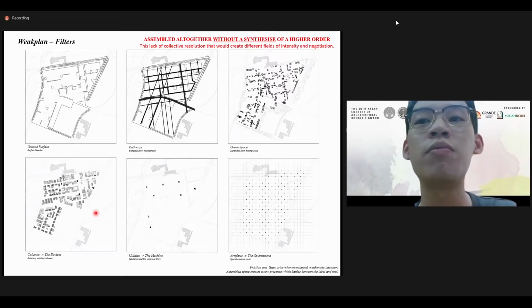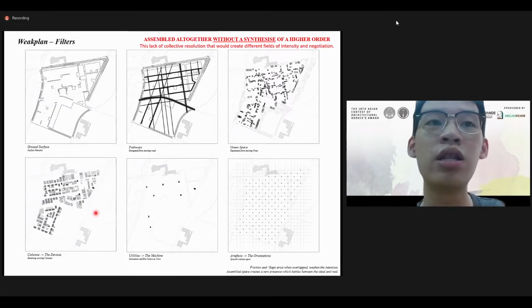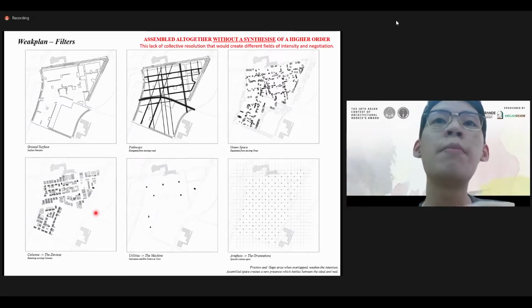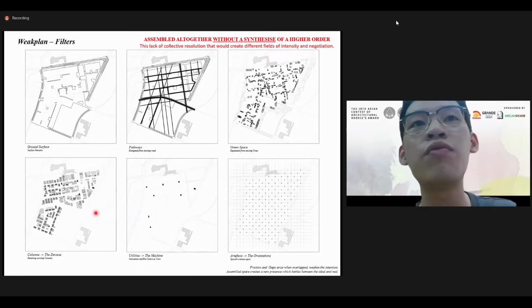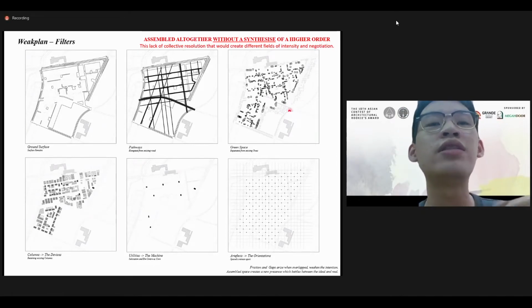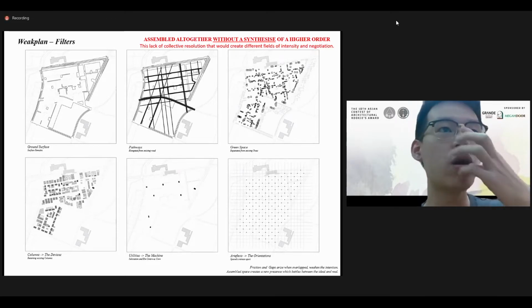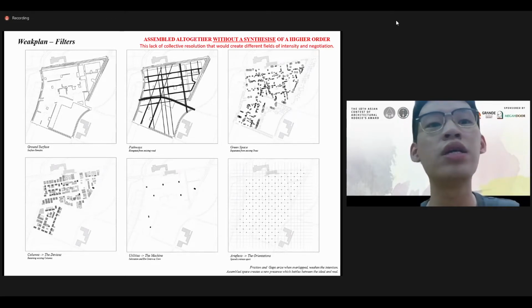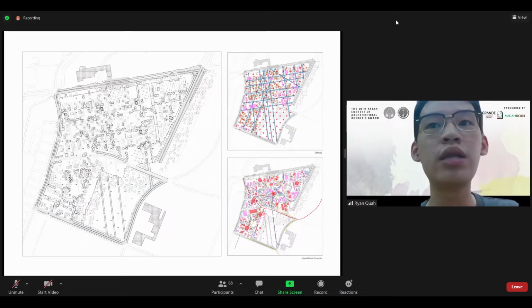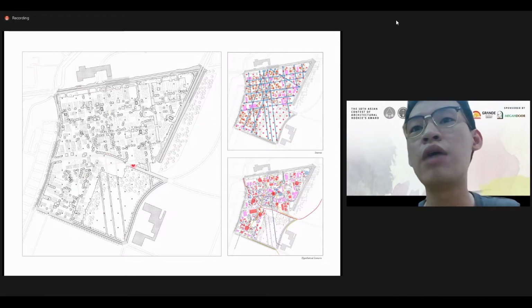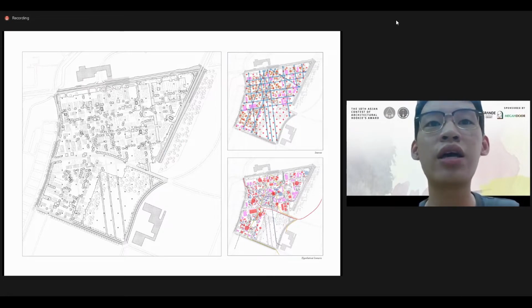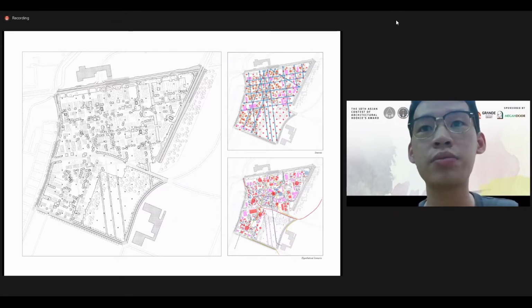It is important for me to state that they are not integrated together, but just superimposed on top of each other. It is in this lack of collective resolution that a different feel of intensity and negotiation arises among the different filters. Composed all together, this is a master plan that was envisioned, with its favela-like manifestation on the right.